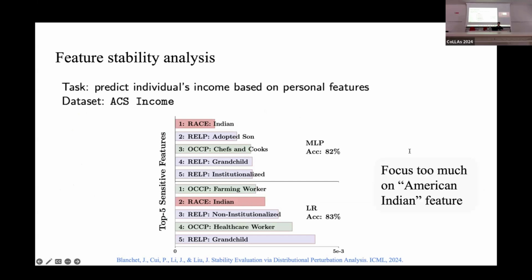And we find that both of the models are sensitive to a race feature about American Indian. And it's not a desired thing because it may cause some fairness problems. Here the model sees someone is American Indian, and it will think maybe he's likely to be a poor person or something else.